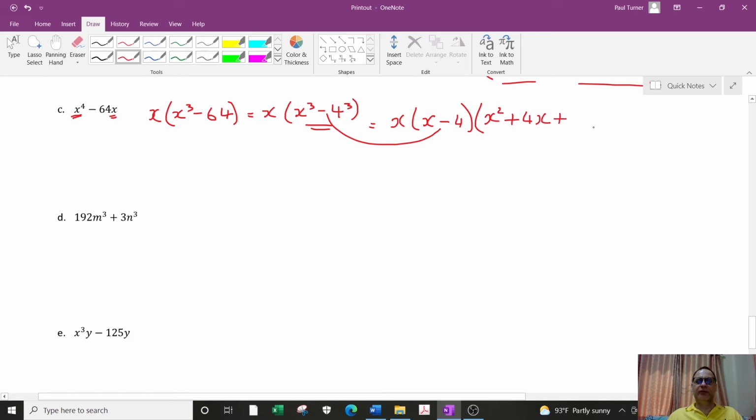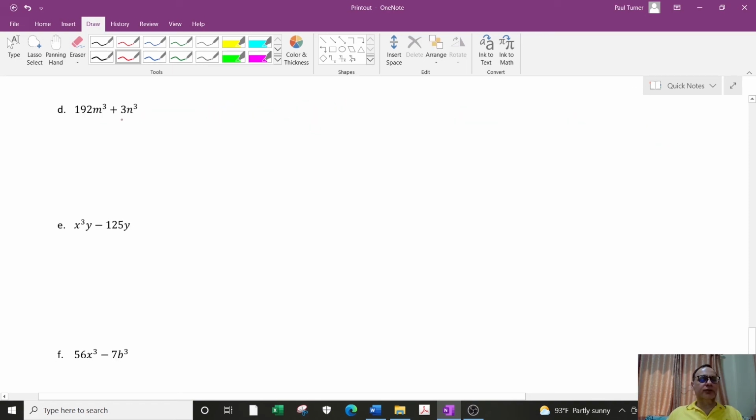So 4 squared will be 16. Okay, so now you have three factors. You've got x here, x minus 4, and x squared plus 4x plus 16 here. So that actually has three factors.